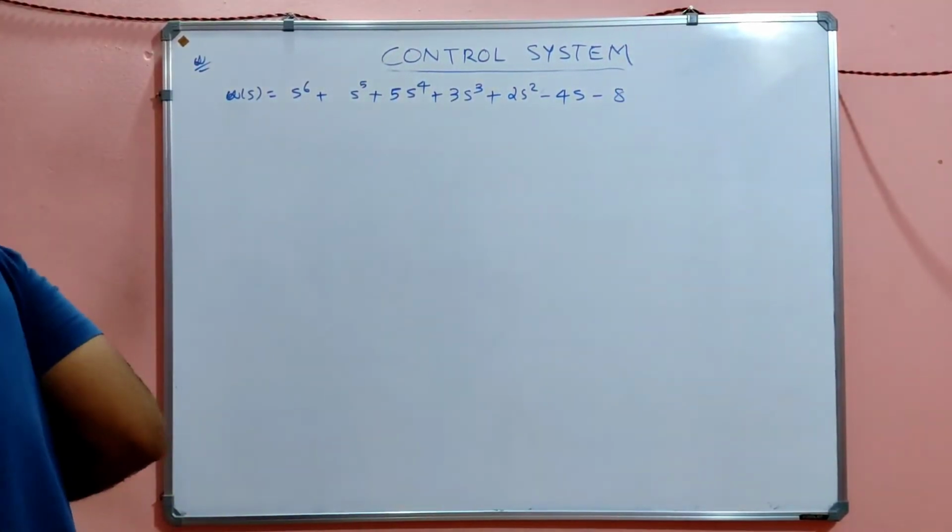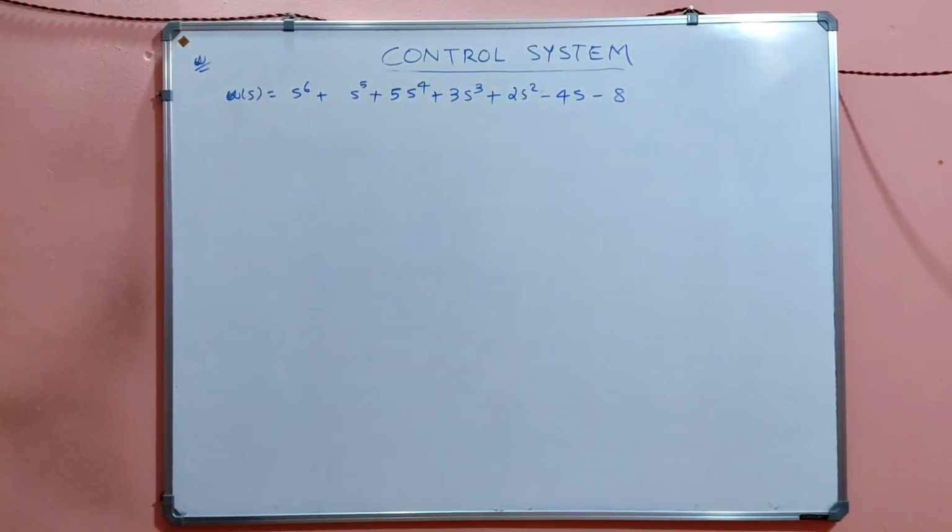Okay. S raised to 6 plus S raised to 5 plus 5 S raised to 4 plus 3 S cube plus 2 S square minus 4S minus 8. Okay.